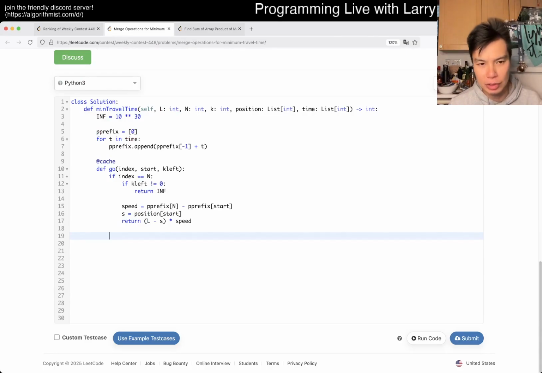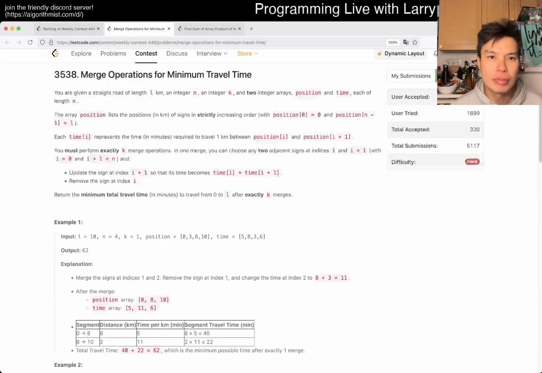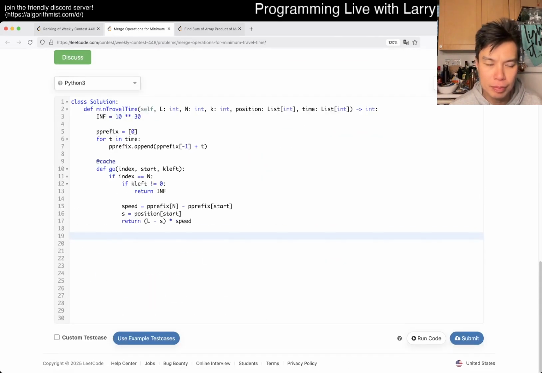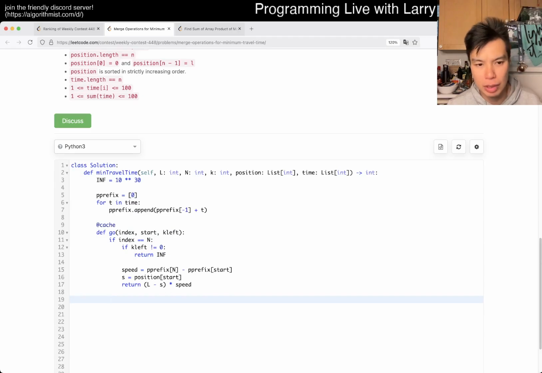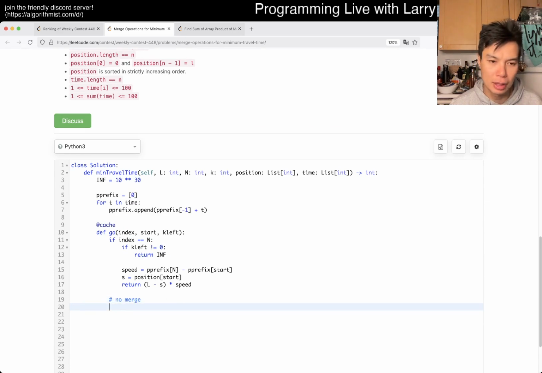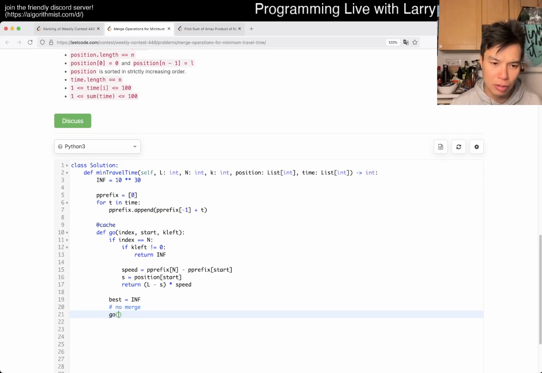Okay, then now it's take no take, right? Take no take, so we're at merge, no merge, let's just say no merge. Then here where best is equal to infinity, best, should we just go index +1, we don't merge, so we do start. It's just start +1.